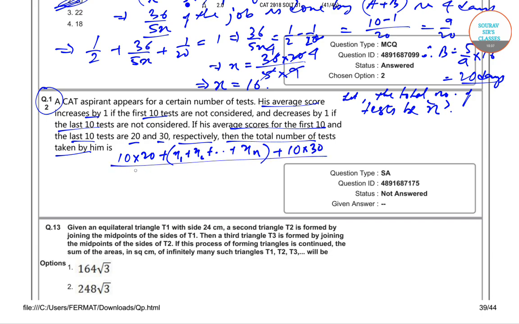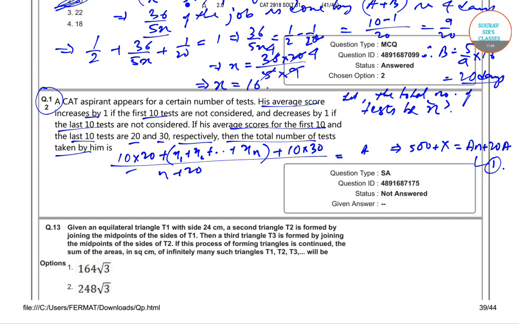And the number of total tests will be 10 plus n plus 10, so n plus 20, and this is equal to a, the average score. So this entire structure can now be written as 500 plus x equals an plus 20a. This we can write as equation 1.